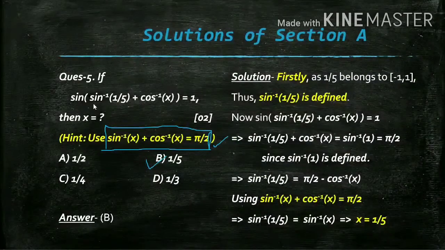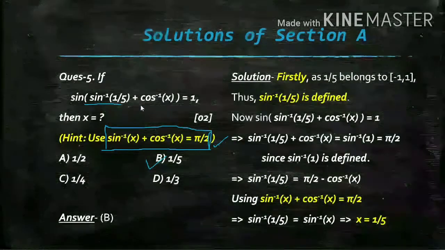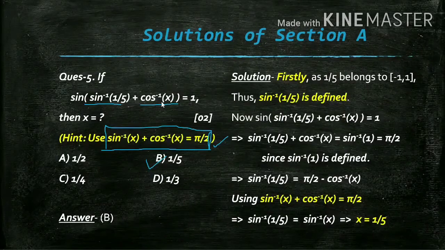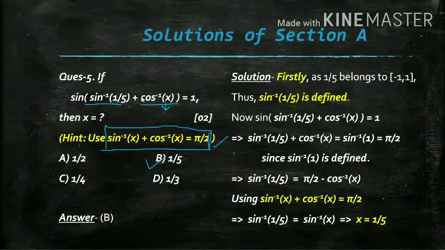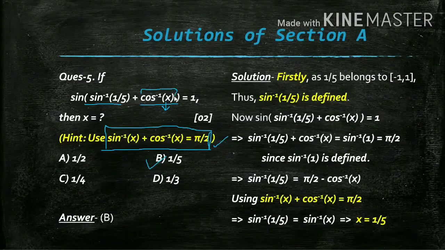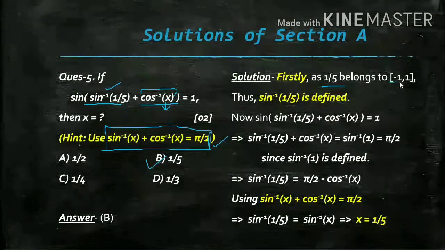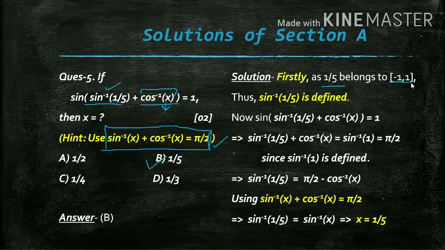Firstly, sine inverse x: is this defined or not? We'll see. Because we don't know what x is, we need to find it. We can't say whether it is defined or not until we find the value, and then we can verify it. So 1 by 5 belongs to the closed interval minus 1, 1, which is nothing but the domain for the inverse sine function.